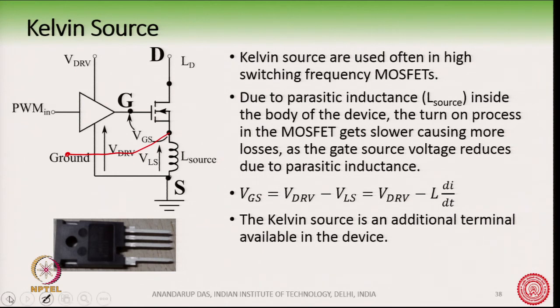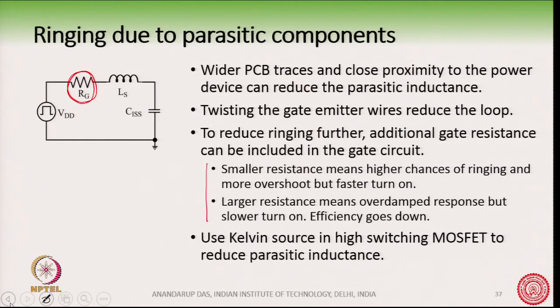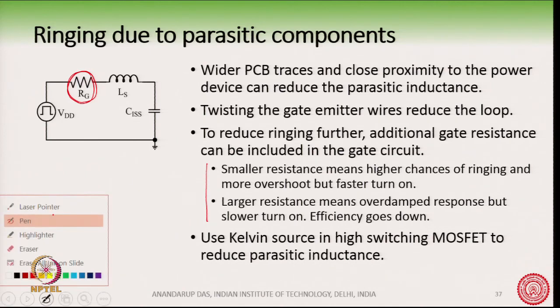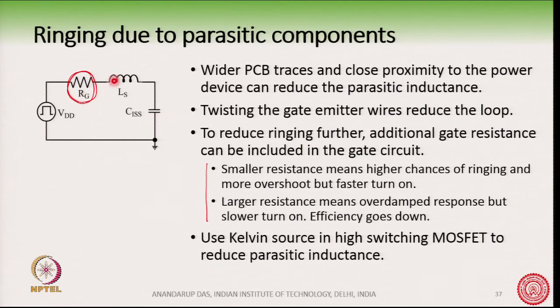Now, another thing that I would like to comment on here is that, remember, this RLC circuit here also has another component which is not shown, and that is this source here.